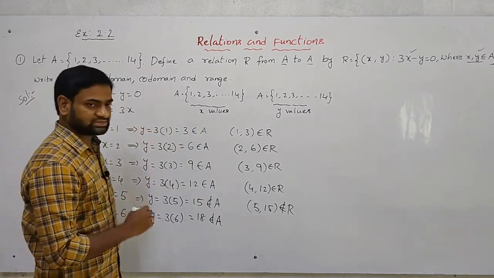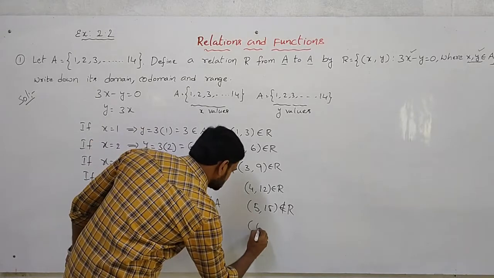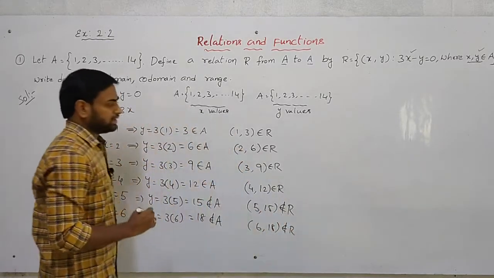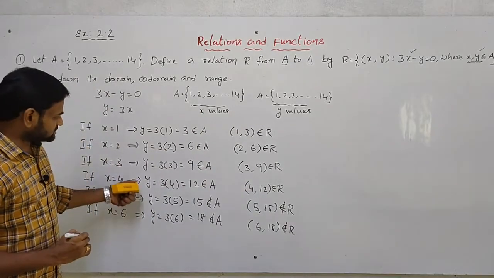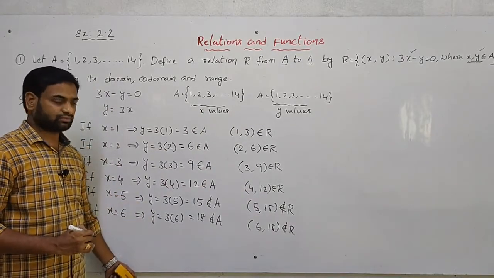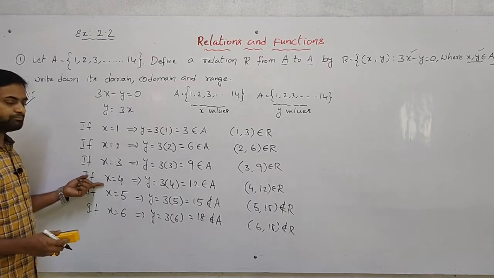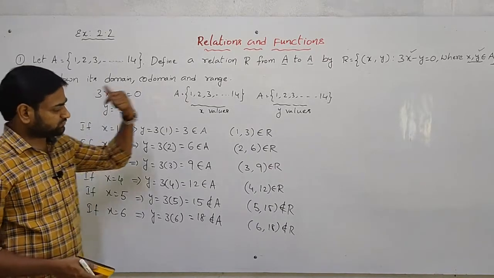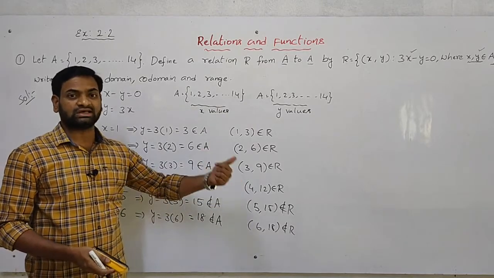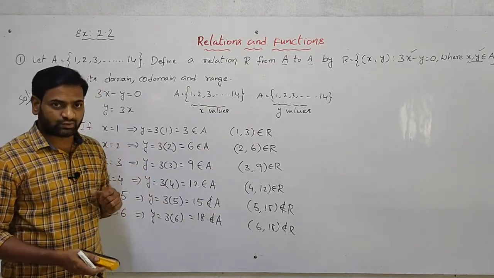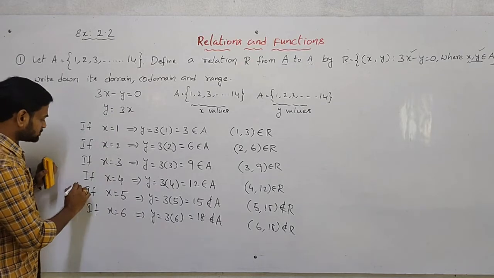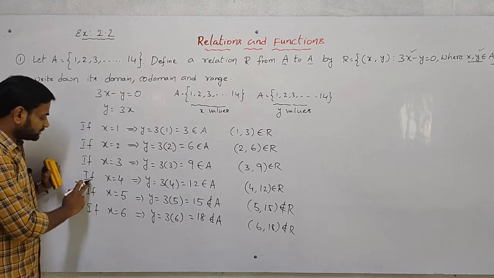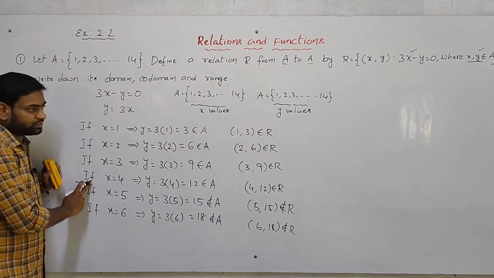When it is not in the set, this ordered pair 6 comma 18 is also not in the relation. In the same way, if you take any element after 4, the y value is not in the set. That's why we can stop the process up to here only.